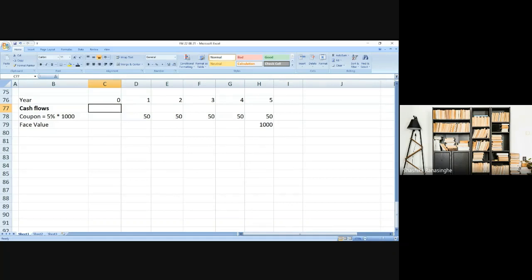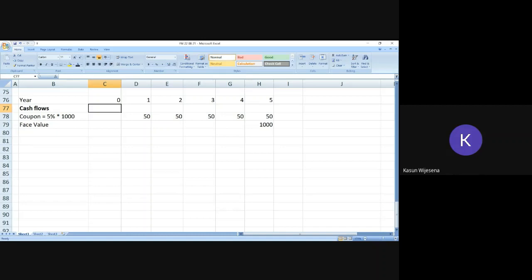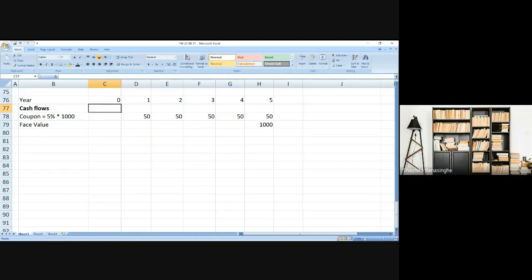Now, the other thing is Sri Lanka has issued sovereign bonds as well as Sri Lanka development bonds. Those are denominated in which currency? US dollars, right?